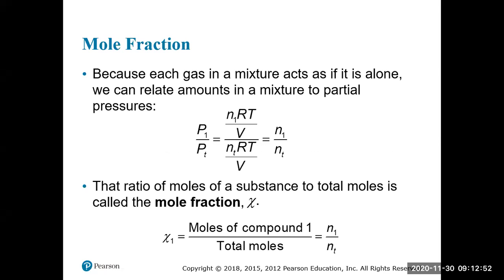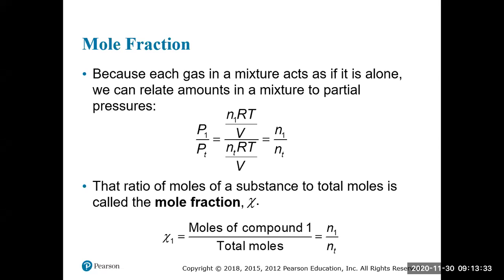So that leads us to talk about something called a mole fraction. Because each gas in the mixture essentially acts like it was alone, we can relate amounts in a mixture to partial pressures. This formula that looks really confusing is simply this: the P1 and N1 indicate the pressure and number of moles of one of the gases.